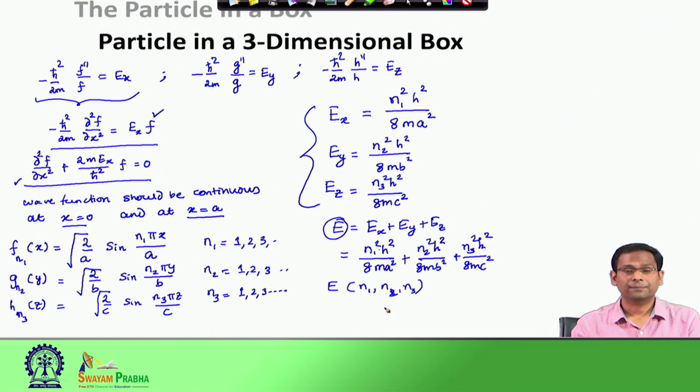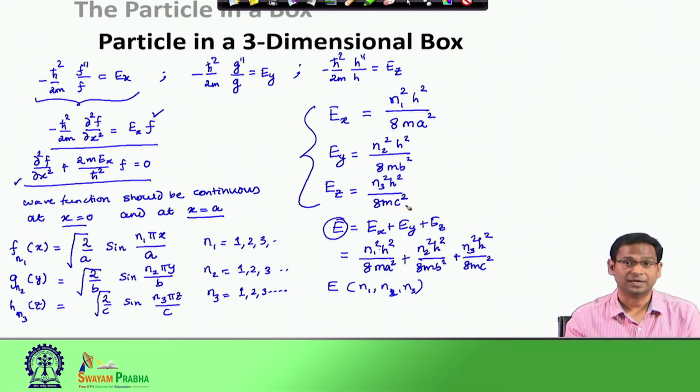To make some more interesting outcomes of this problem, we will make one assumption: instead of dealing with a cuboid, we will make this problem a cube. When you have a cube, the only difference is that a, b and c become equal.